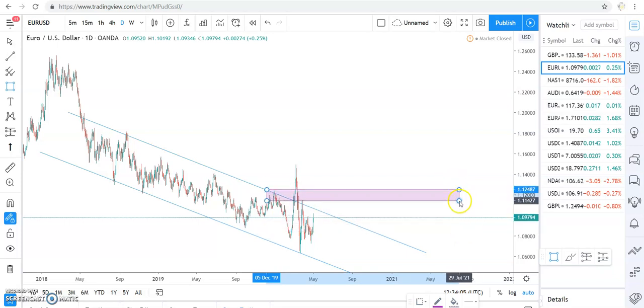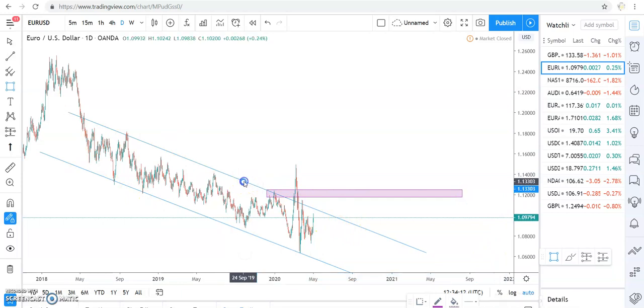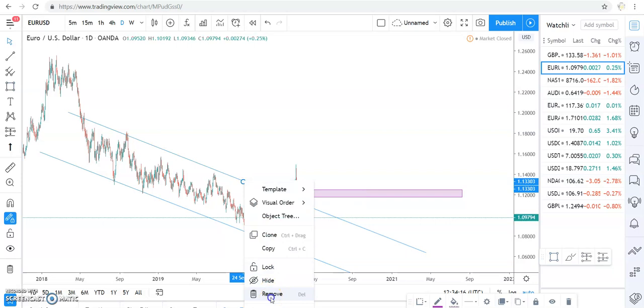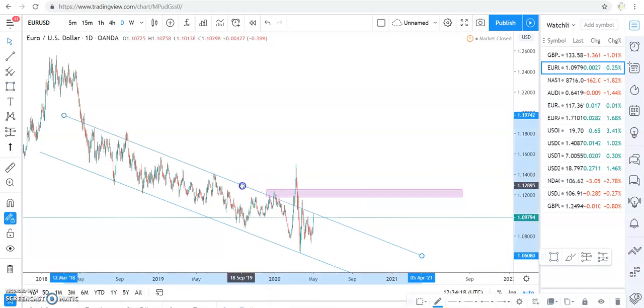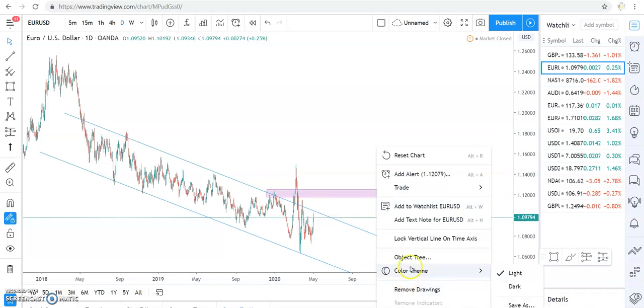Okay, my trend line, how many touches do I have on my trend line? I can still adjust this one to get the most number of touches.